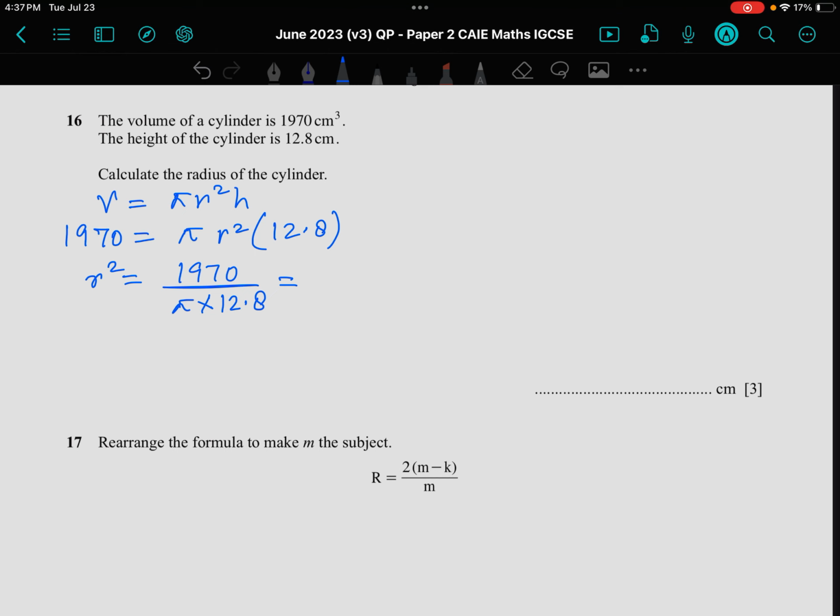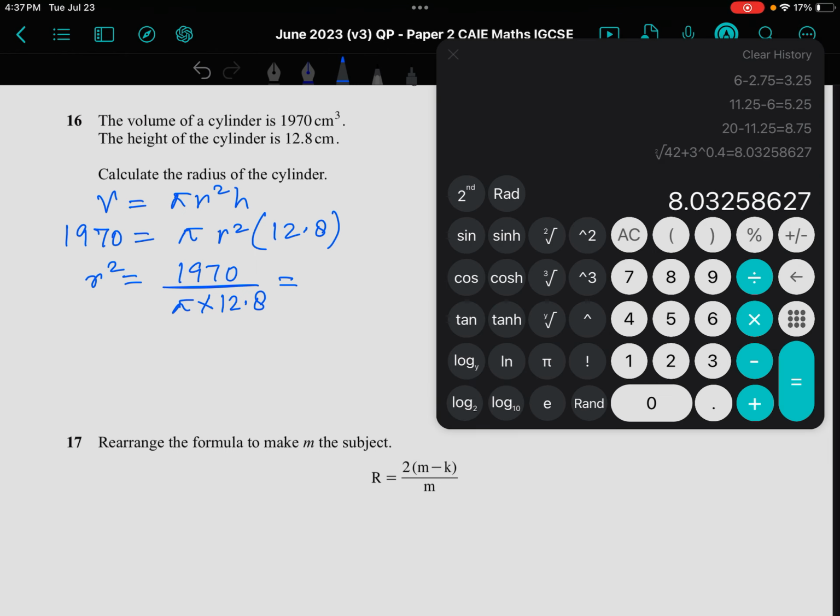When you put this in your calculator, that means 1970 divided by 12.8, and then again it is divided by pi. It will give me 48.9899. I will take this much. So r is what?